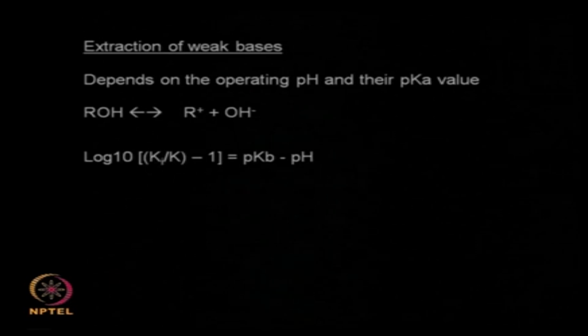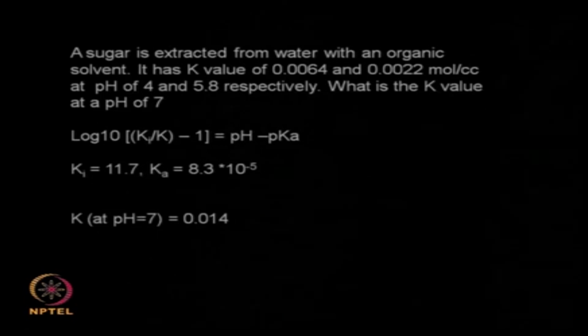Now why is it so important? That comes out from a problem. Imagine I want to extract a sugar from water with an organic solvent. So it has got a K value of 0.0064 moles per cc at a pH of 4.